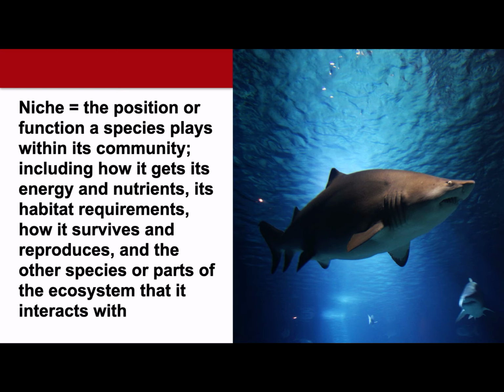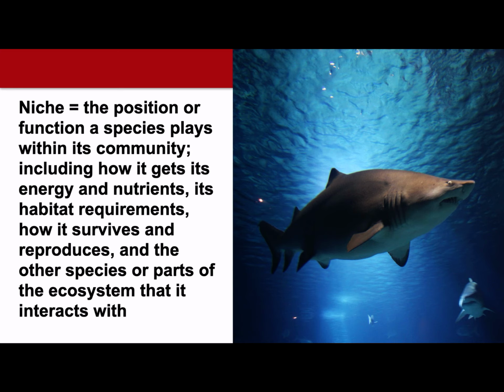On this slide, we see a shark. This is a fish that is a top predator in the food chain. The niche that this shark occupies is going to be very different than the other fish species that live within this community. The shark is a predator, and the smaller fish are its prey. The shark consumes a wide variety of fish species to obtain energy to survive and reproduce.